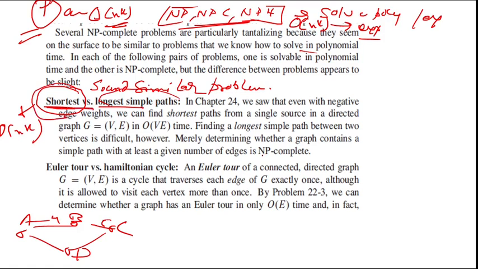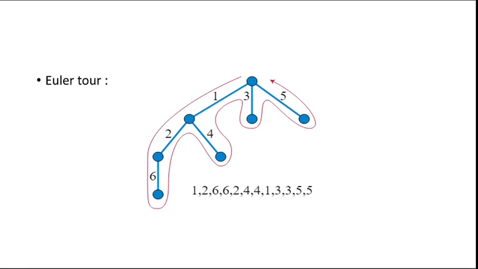Then you have Euler-Tour and Hamiltonian cycle. Euler-Tour is also a graph traversal algorithm, and Hamiltonian cycle is also a graph traversal algorithm. Both are a similar type of algorithm on a graph. Euler-Tour has a slight difference in the definition.